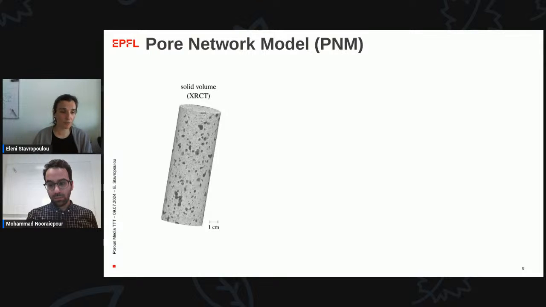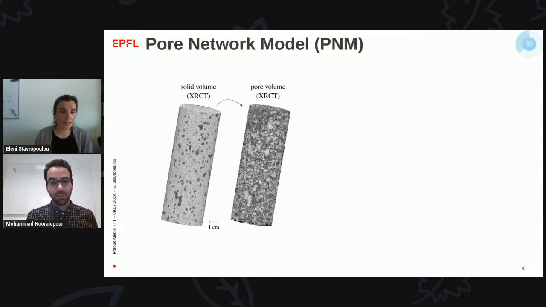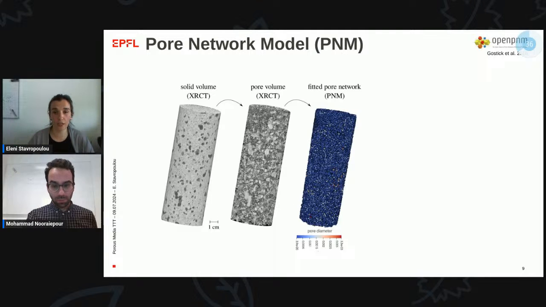You can see here the 3D volume of the solid. In light gray is the solid, and in dark gray is the void, the pores. From that, we can obtain the pore volume. Now it is the inverse: we have the pores in light gray and the voids in black. This is our input data to build and fit a pore network.